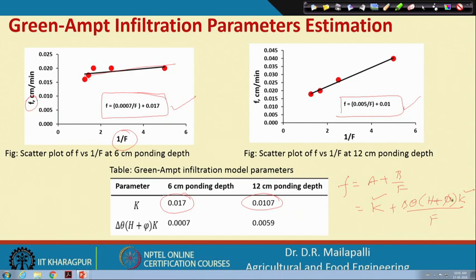The unknown terms are psi, and delta theta, which is theta s minus theta i. If you have this data, you can easily get this.